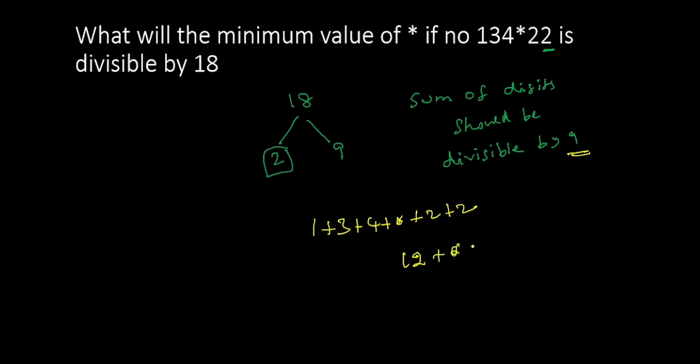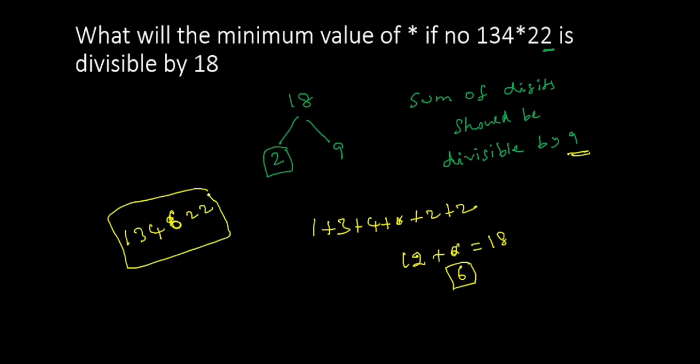When I substitute 6 for the star, it will become 18, and 18 is divisible by 9. So the answer here is 1 3 4 6 2 2. This is the number which is divisible by 18 now.